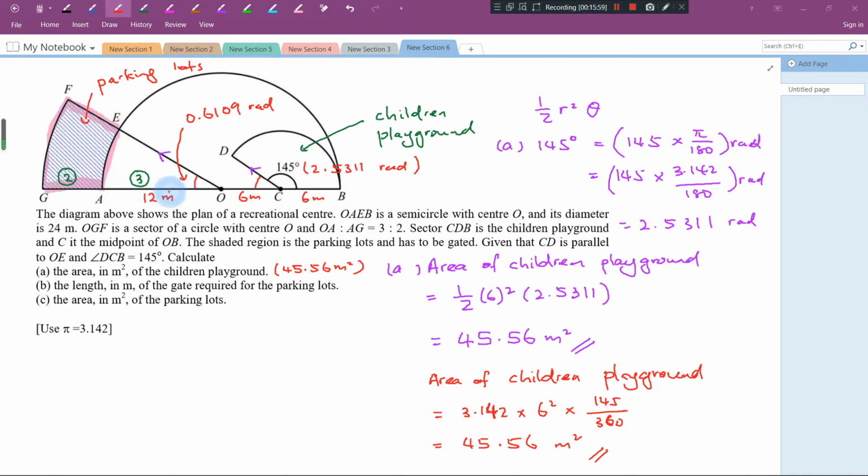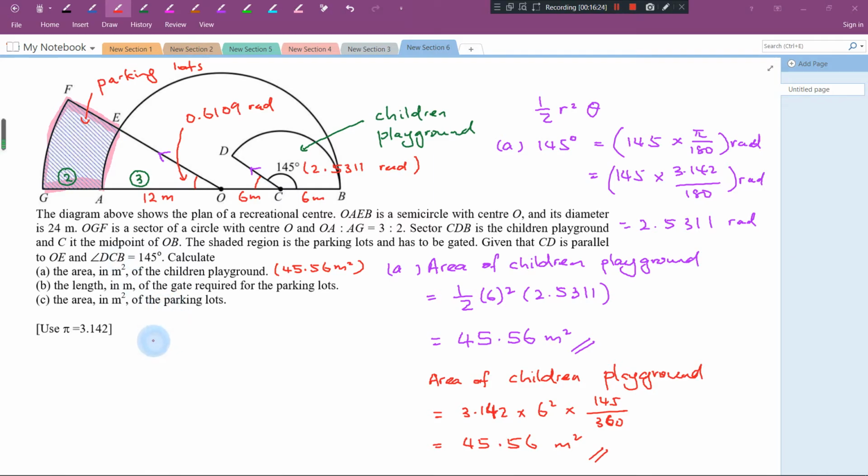We can use r theta. This is the r. This is theta. To find this one, FG, we need the r over here. The r is from G to O, but the problem is we don't know the length of AG. Now we can think this way: 3 parts is equal to 12, right? So 2 parts equal to what length?